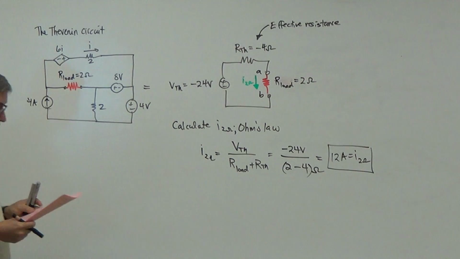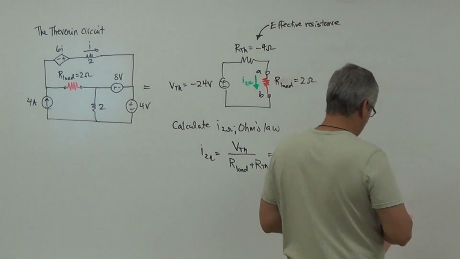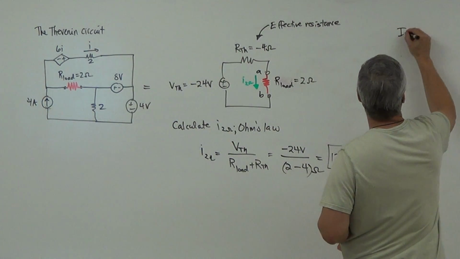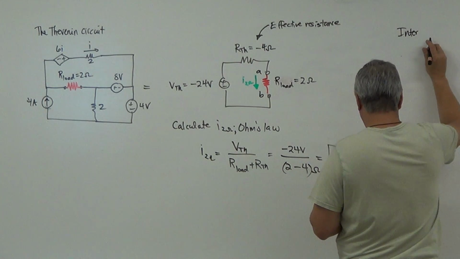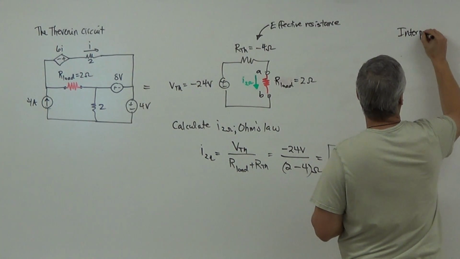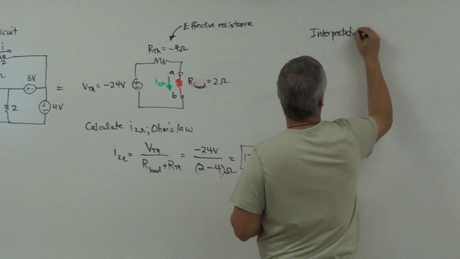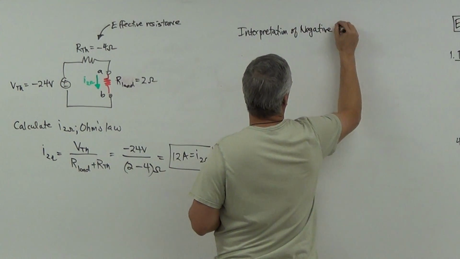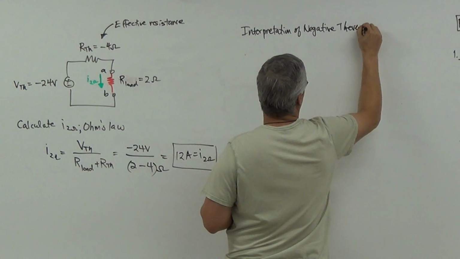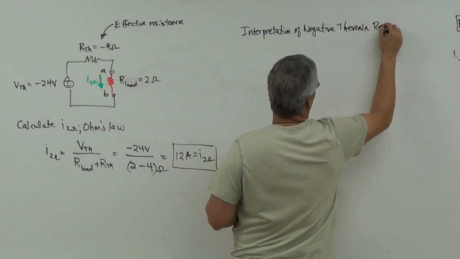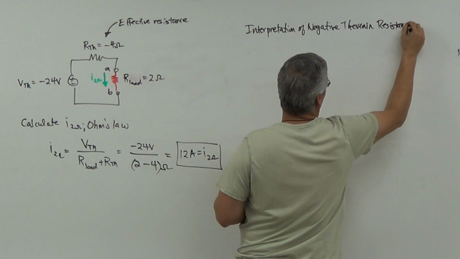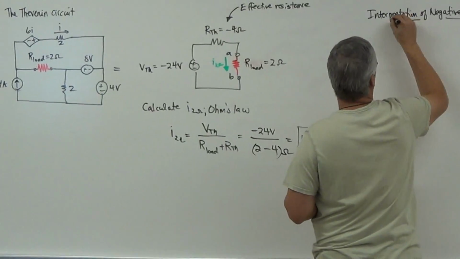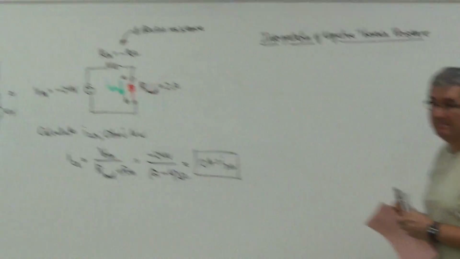So what I want to do now is step back here and interpret negative Thevenin resistance. Okay, I want to step back and look at what is negative Thevenin resistance.